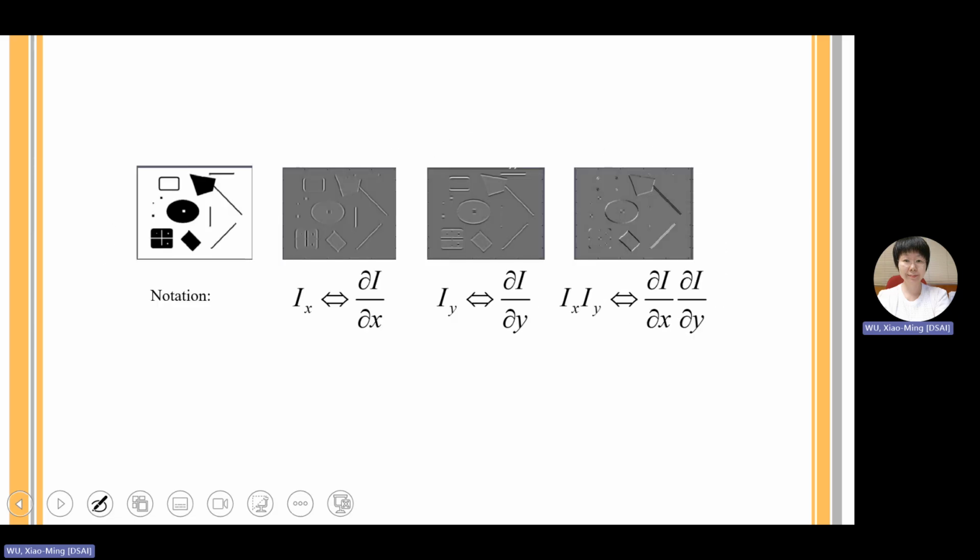So given this image, there are squares, multiple shapes, and lines. Ix is the map of its x derivative. Well, you can see, as we mentioned, x derivatives are good for capturing what type of edges?